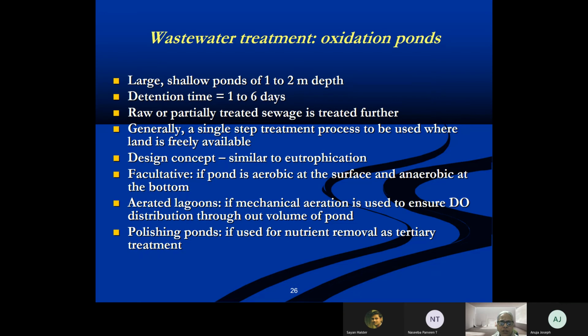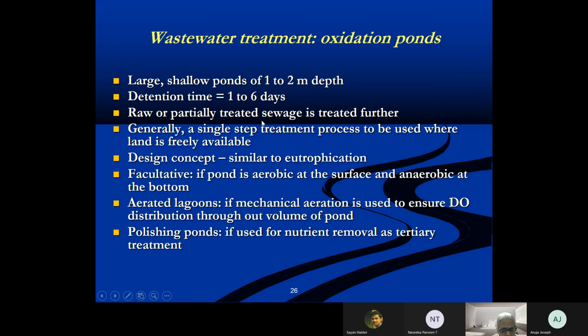It's a complete mixed process to some extent. Because it has a very high hydraulic retention time, the land area requirement is also very high. So you can't use it in urban areas, but it can be used in suburban and rural areas.